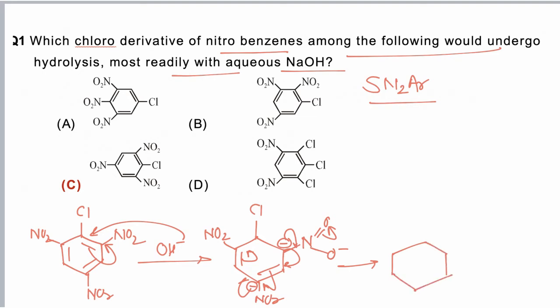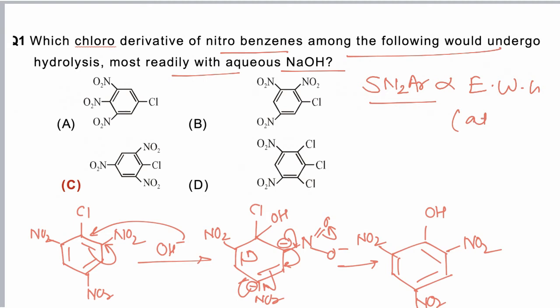Finally, Cl negative is removed and OH is attached in place of the Cl group, and a trinitro substituted phenol is formed as the product. So the rate of reaction is high if electron withdrawing groups are present at ortho and para positions. Option C has the maximum electron withdrawing groups at ortho and para positions, hence the correct answer is C.